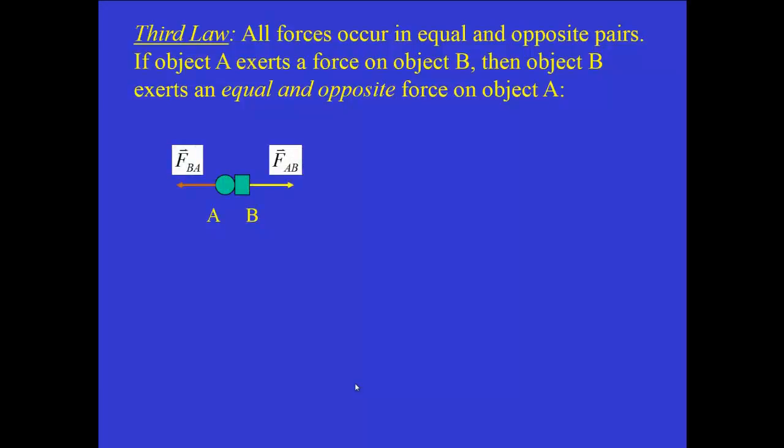We've got a ball and a block, A and B, and the force that B exerts on A is indicated with the arrow pointing to the left, while the force that A exerts on B is indicated by the arrow pointing to the right. And so both of these forces exist if A and B can interact with one another, and Newton's third law says that in fact these two forces are equal in magnitude and opposite in direction.